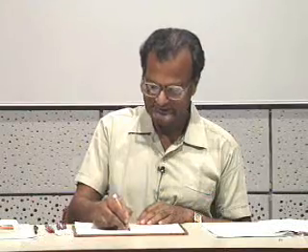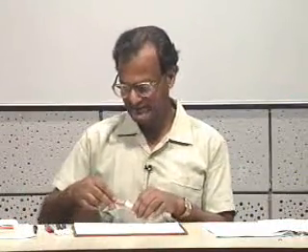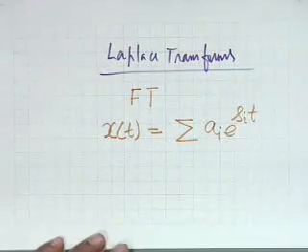And the motivation for Laplace transforms comes in the following manner. The success of Fourier transform is due to the fact that most practical signals, and arbitrary practical signals in many cases, can be decomposed into a superposition of exponential signals like this, where s sub i is j omega i.